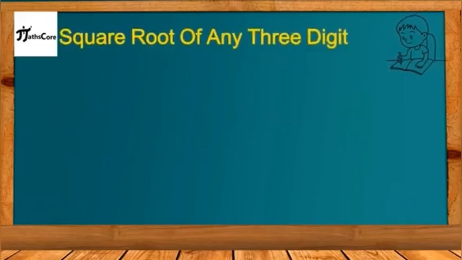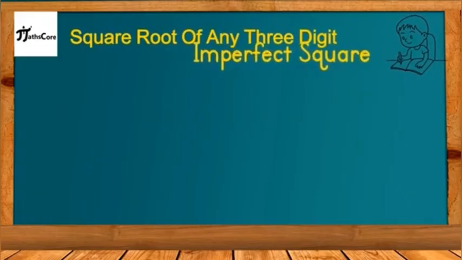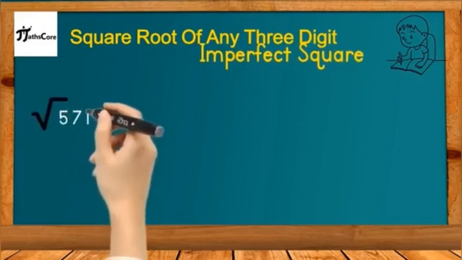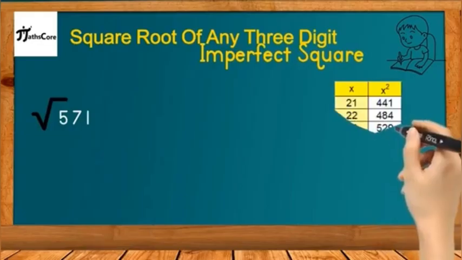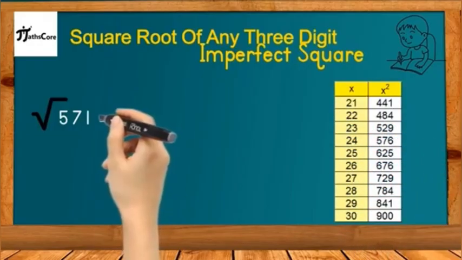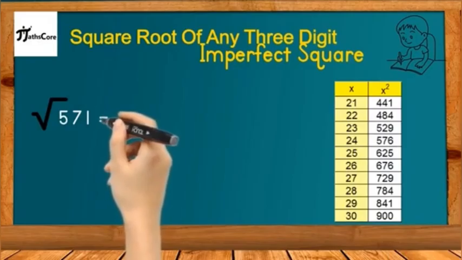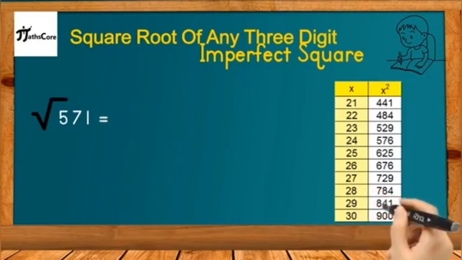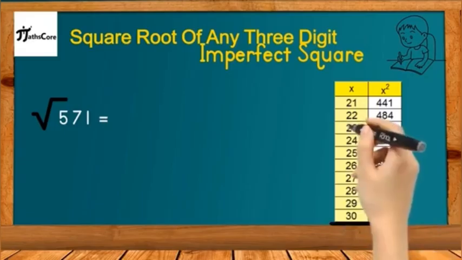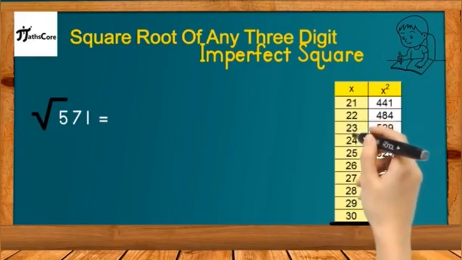Let's solve the third example. The example is the square root of 571. Now to solve this example, we should know the squares of the numbers 21 to 30 very well. So I have mentioned a table in which you can see the squares of the numbers 21 to 30. Now let's solve this example according to the Vedic math technique. So first of all, let us find out between which two perfect squares this 571 lies.